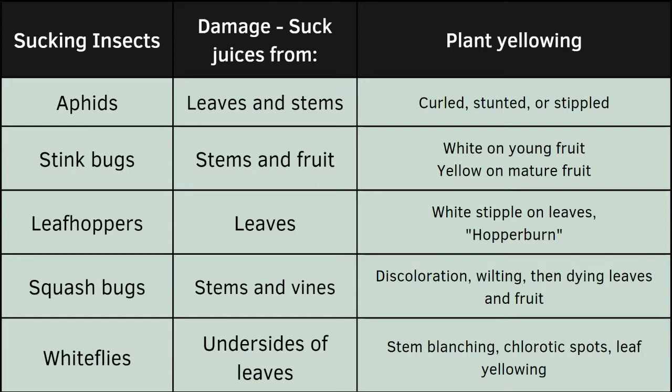Leafhoppers, I haven't had much experience with personally, but they cause what's called hopper burn, which is marginal chlorosis, like around the edging, and then eventually that can just brown, creating tip burn.